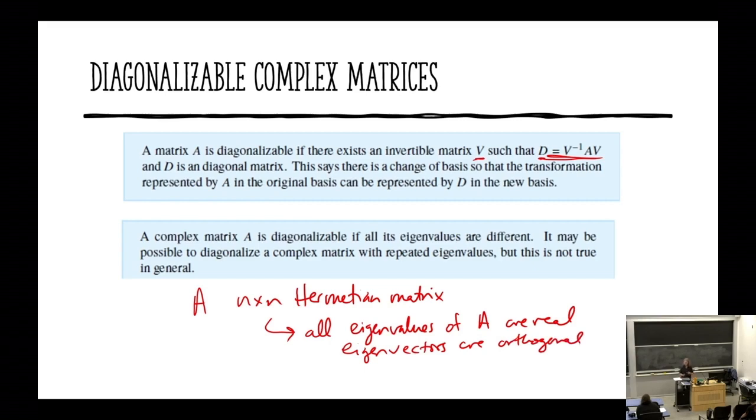And we can always find a basis in the complex plane consisting of eigenvectors of A. And since we can always normalize eigenvectors, we can make this basis orthonormal, which is handy.